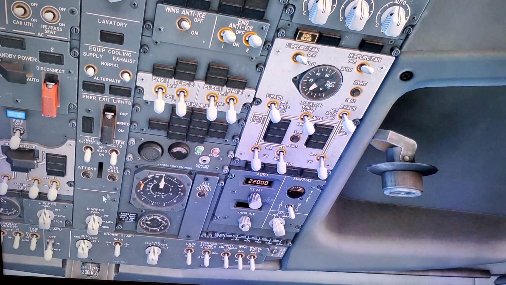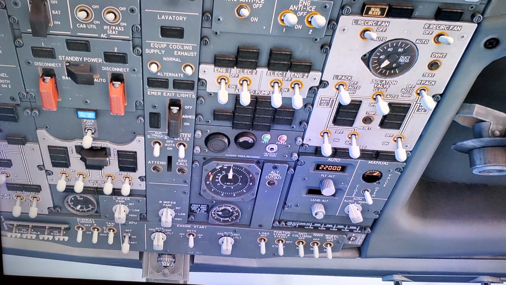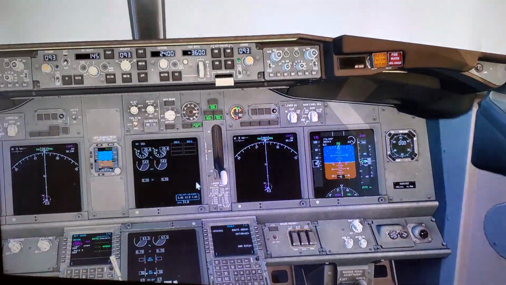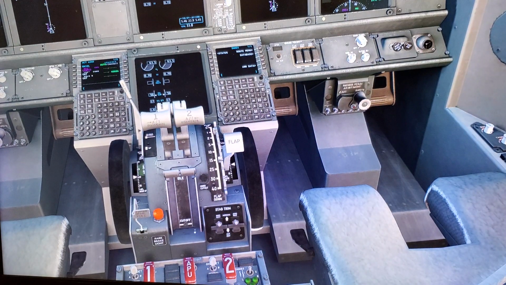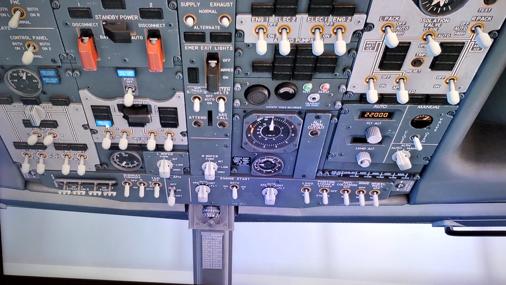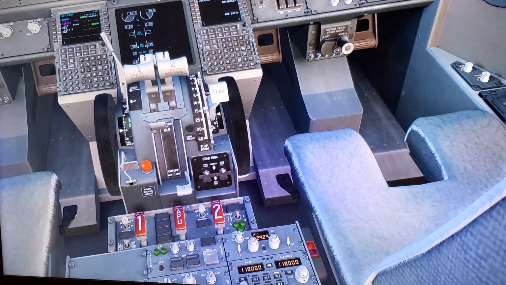So basically we turned on the APU already, so we put on the APU generator and we turn off the generator of the airplane.